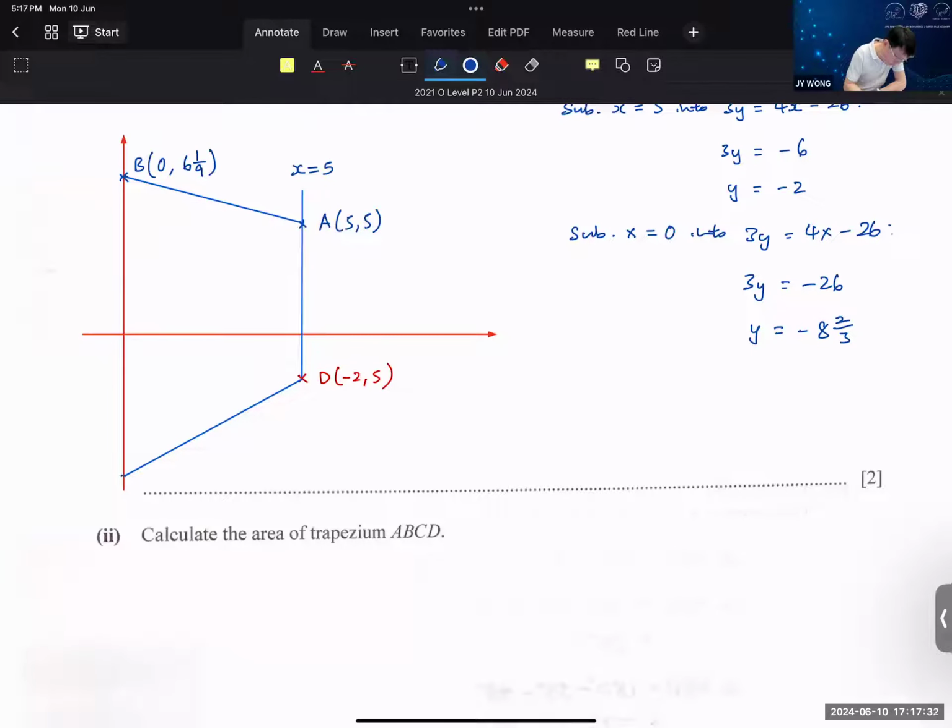So this is your point C, which is (0, negative 8 and 2/3).